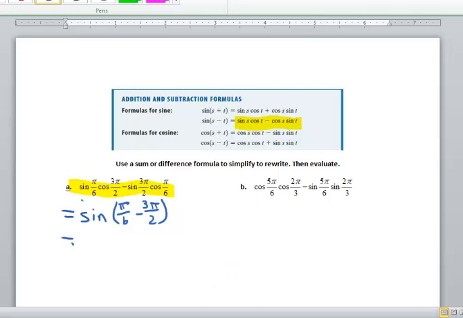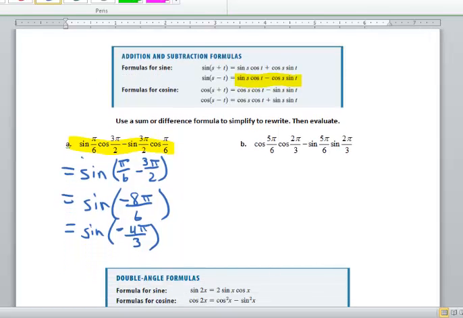Now we can simplify this further by saying, well, pi over 6 minus 3 pi over 2 is really pi over 6 minus 9 pi over 6, which is negative 8 pi over 6. And of course, negative 8 pi over 6 is just negative 4 pi over 3.